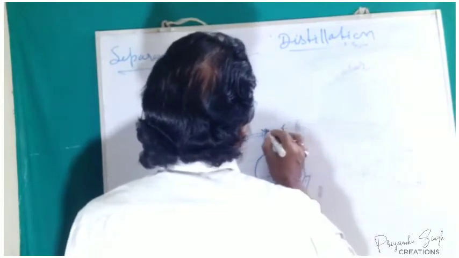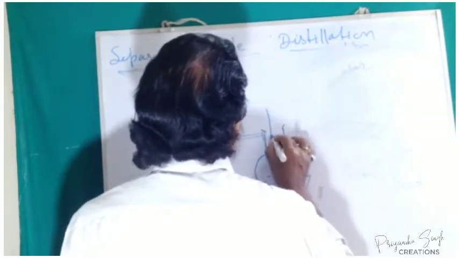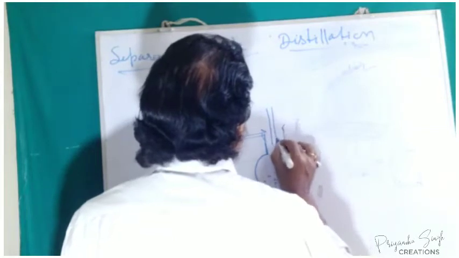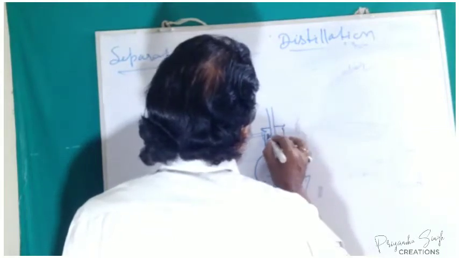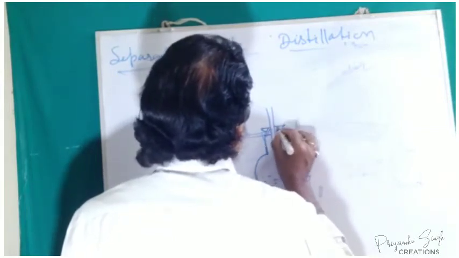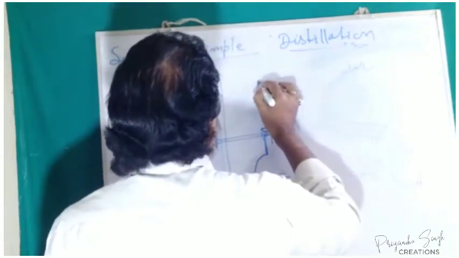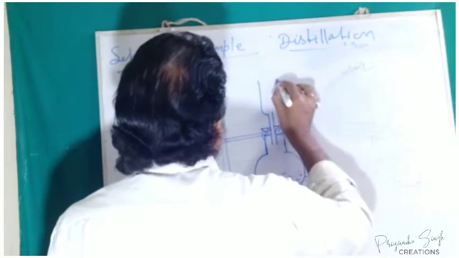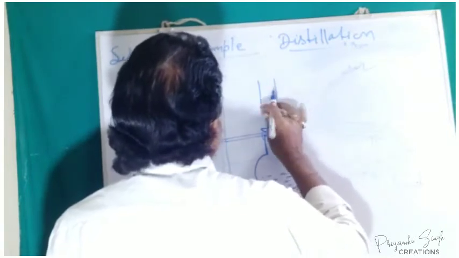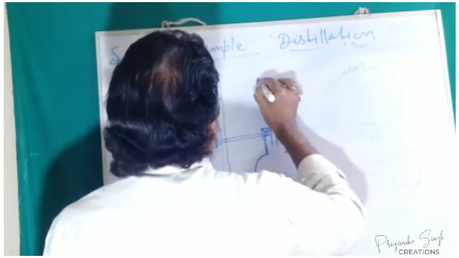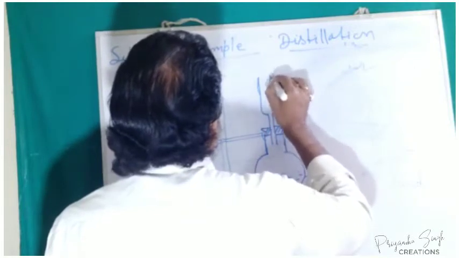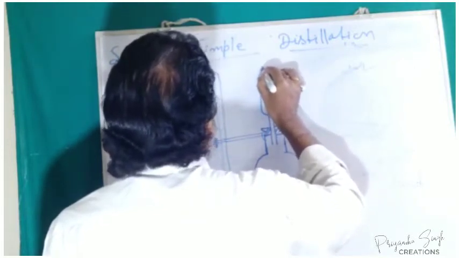See here, there is another additional flask, means a distillation, means fractionating column.